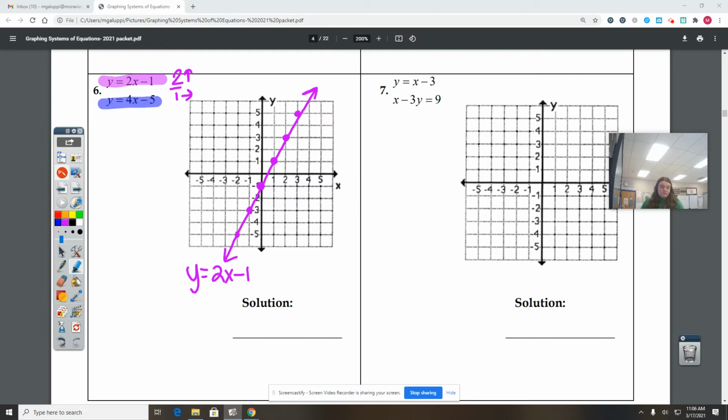Then for the second equation, I have y equals 4x minus 5. So I'm starting at -5 on the y-axis. And my slope is positive 4. So that means 4 over 1, I'm going up 4 and to the right 1.